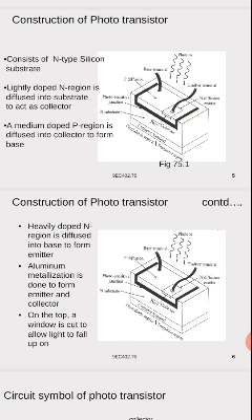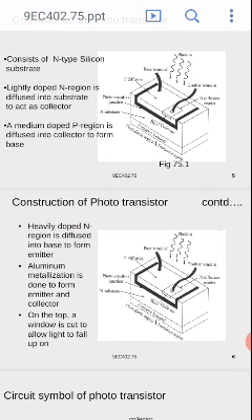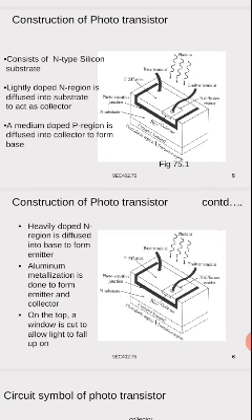The collector is lightly doped. And a window is provided. A portion is cut to let light fall on the junction at the base.